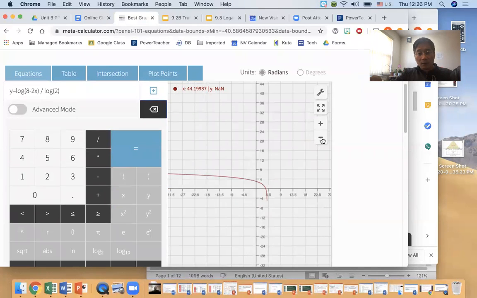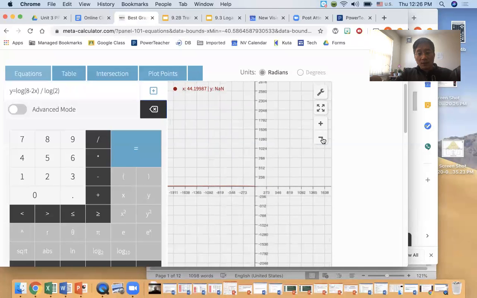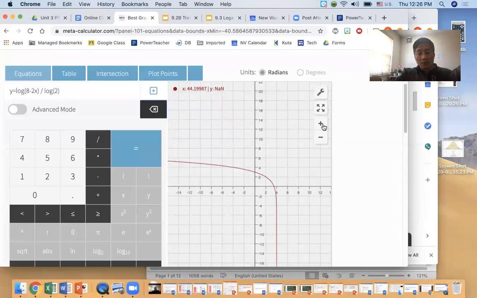Now I'll zoom in. Oops, I go backward so you can see better. Now you can adjust your graph with this plus and minus. Then you can see your vertical asymptote here, x equal to 4, right?